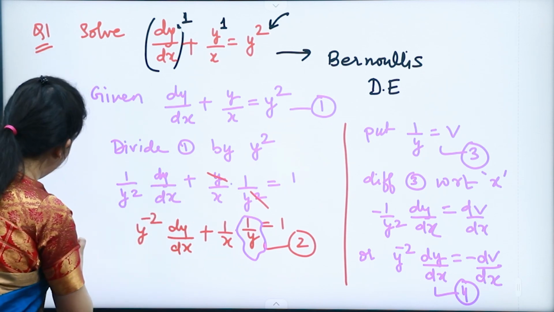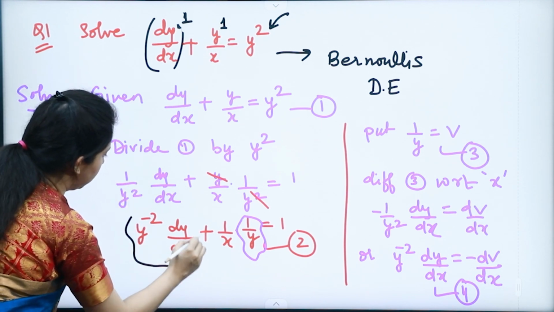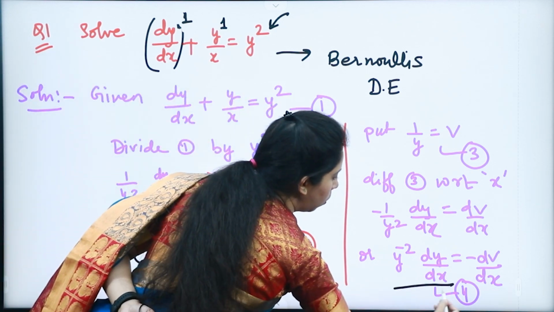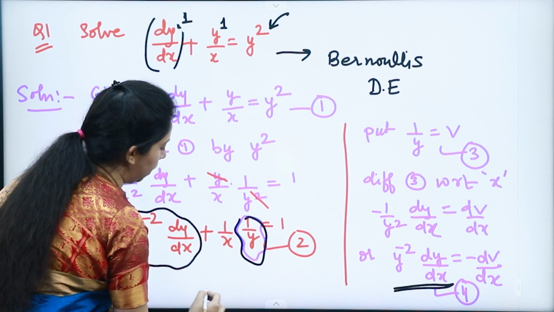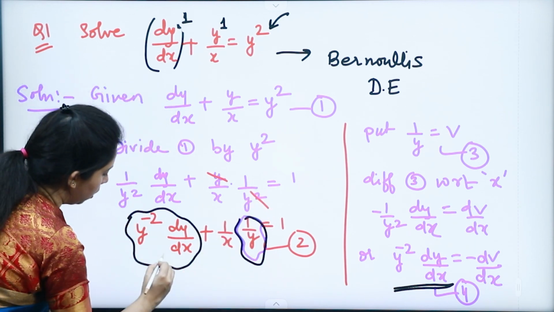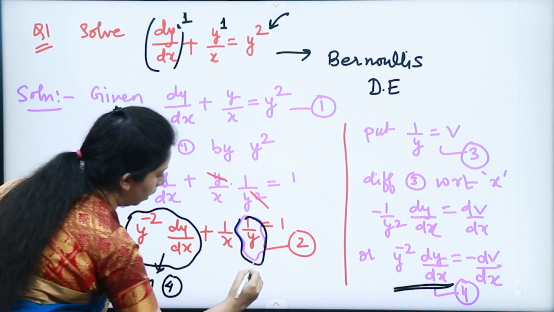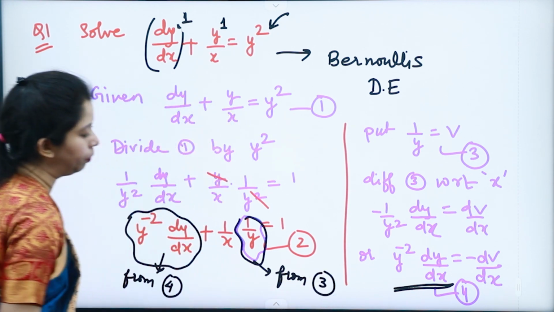So you can now clearly see that in equation number 2 you can replace this whole term with equation number 4. See, this whole term can be replaced from equation 4 and 1 upon y can be replaced from equation number 3.